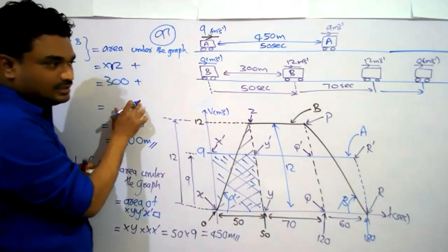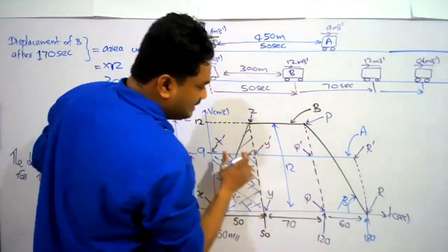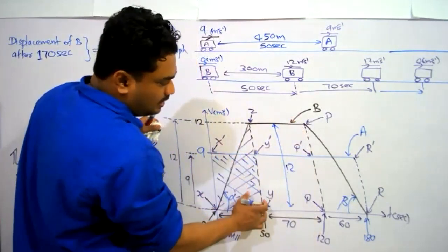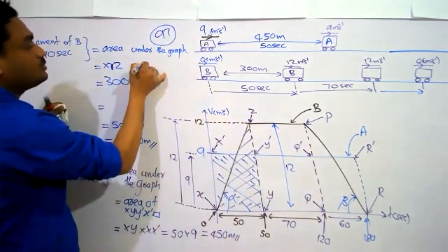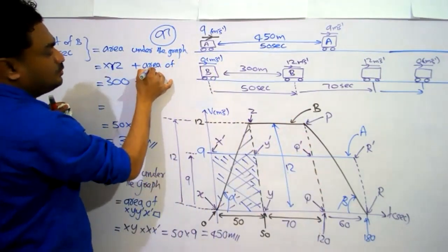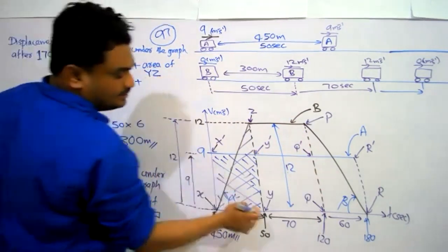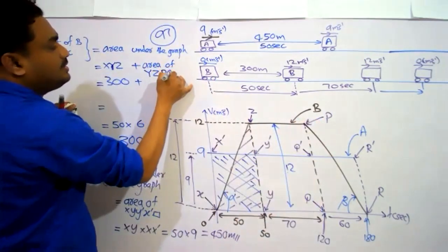The displacement of vehicle B during the next 70 seconds is the area of the YZPQ rectangle. Am I right here?